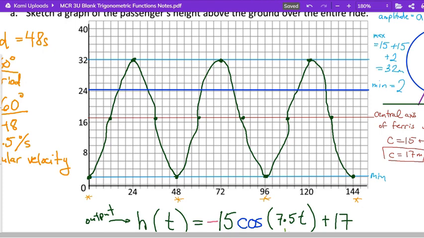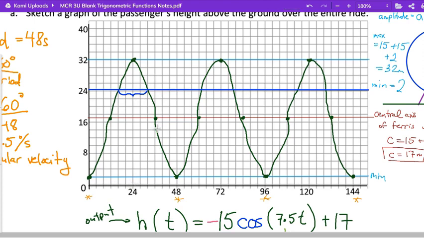Now we know that the Ferris wheel is above 24.5 three times. So let's approximate. Okay, I've got 1, 2, 3, 4, 5, 6 blocks.